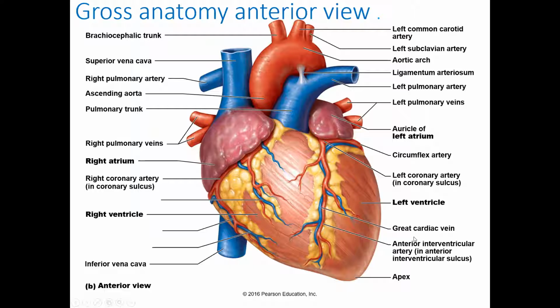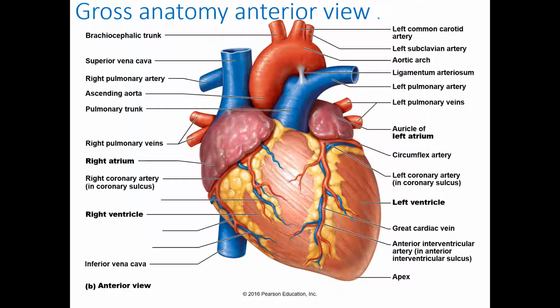Usually, the artery and vein will share the same name. There's only a few places where we don't. For example, we have the anterior interventricular artery sharing the sulcus with the great cardiac vein. But a lot of times, the artery and the vein will share the same name.